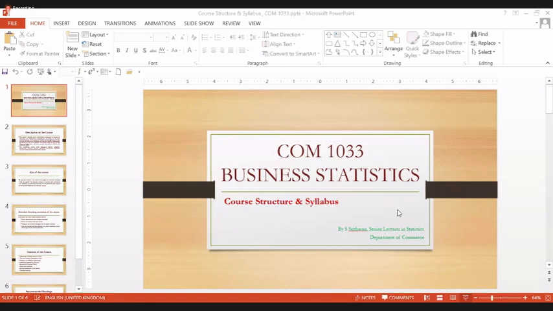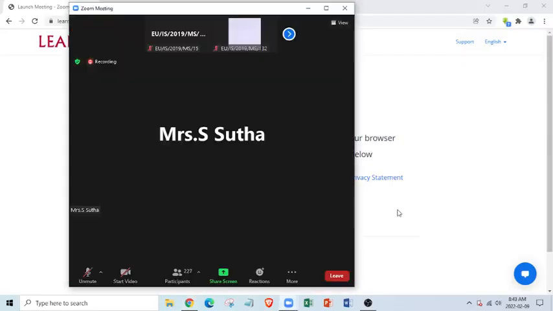Then when we are looking at the assessment, as usual, 35 marks are for continuous assessment, that is in-class assessment, and 65 marks for the final assessment. In the in-class assessment, the mid-semester exam, which will be announced in advance, is allocated 15 marks.